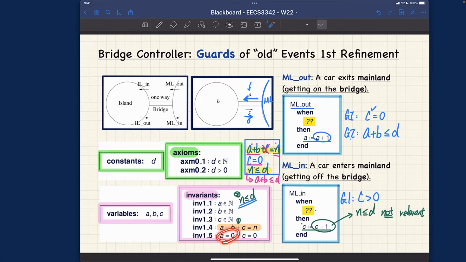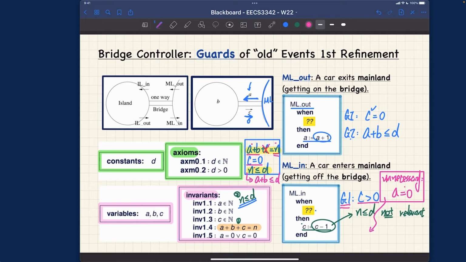Right? Let me just give you a little bit of an aside over here. So G1 over here, it is unnecessary to also say A equals 0. And why is that unnecessary? Because somehow the invariants together with this guard can really entail A is equal to 0. Let's take a look.